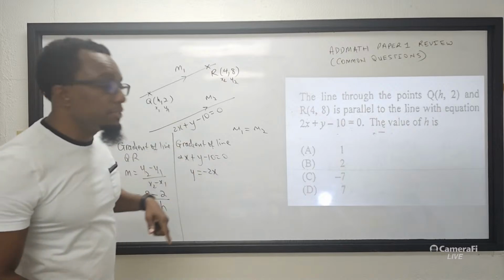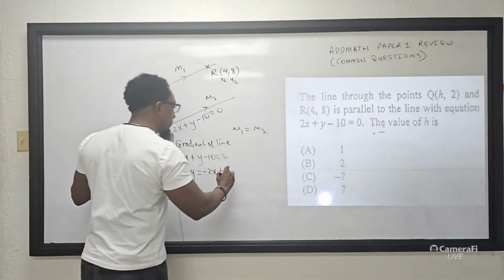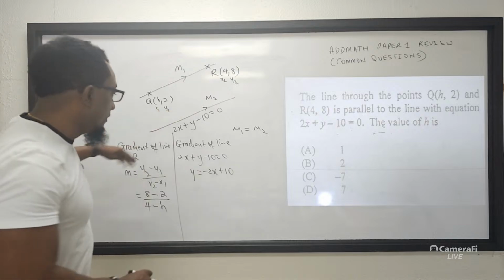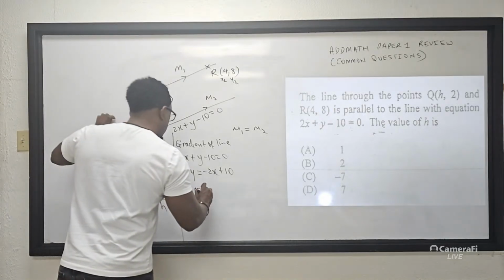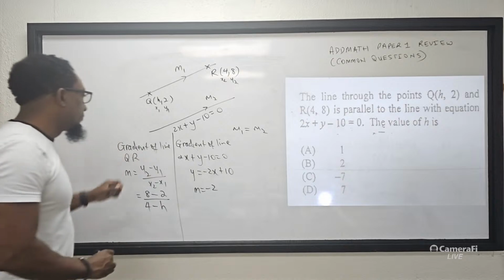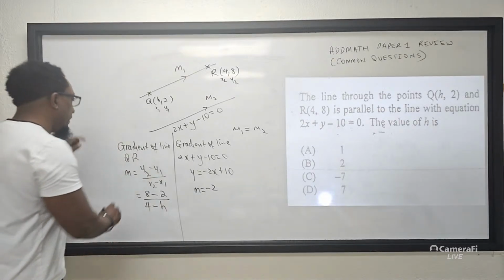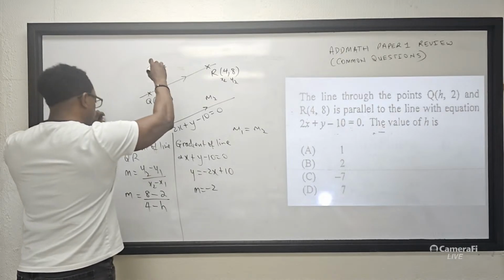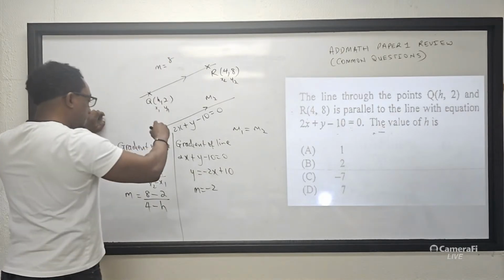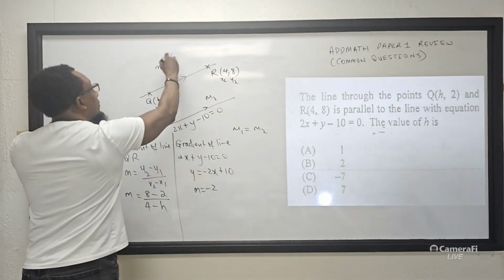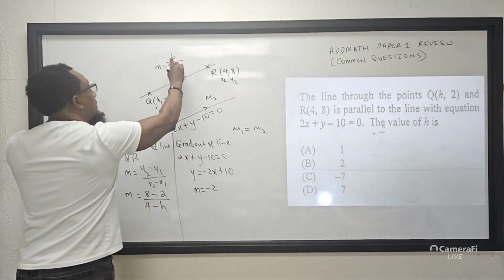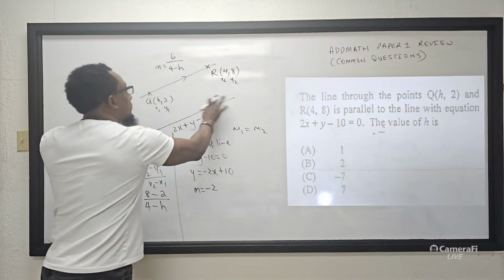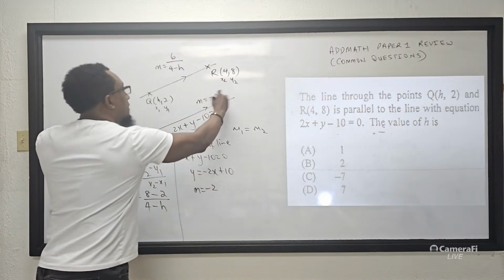Negative 10 comes across to the right as positive 10. So the gradient of this line here, m, is equal to negative 2. Alright? So I have the gradients of both lines. I have the gradient of this line, which is 8 minus 2, I can write it as 6 all over 4 minus h. And I have the gradient of this line here, m, which is negative 2.